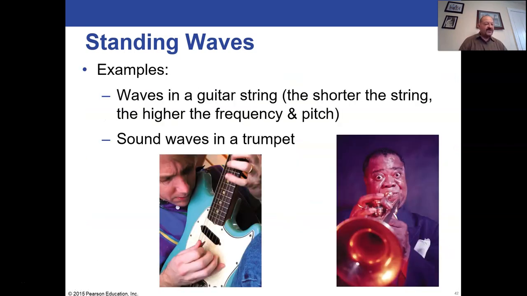And standing waves happen a lot in music, in guitars. When you pluck a string, the shorter the string, the higher the frequency because it'll vibrate faster, and that is perceived by human ears as pitch. Pitch is not an actual quantitated thing. It is something that is related to our perception of frequency.